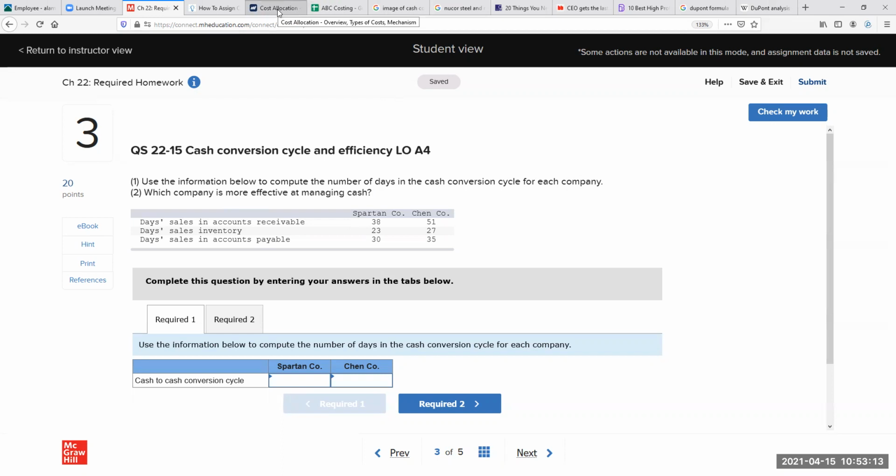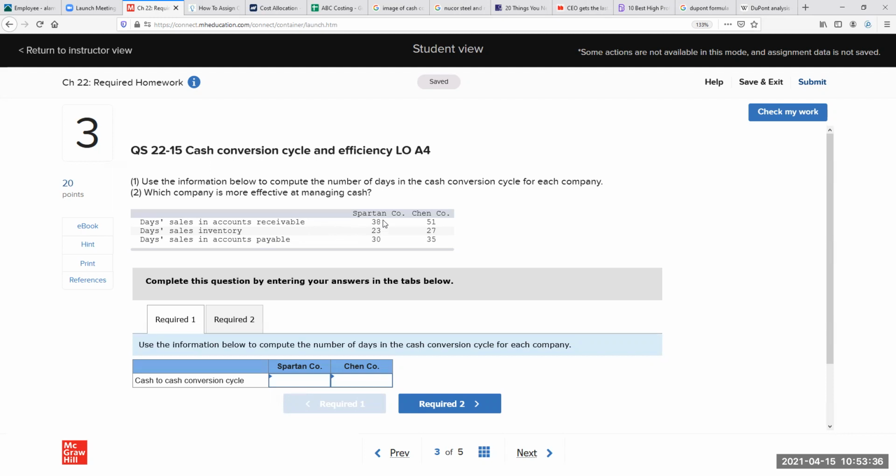Well, let's see if I can. Cash conversion. So you think about this. You have cash, you buy inventory. How long does the inventory sit on your floor? Then you sell it, and you don't always get cash. So if you sell it on credit, that's how long it's tied up as a receivable.